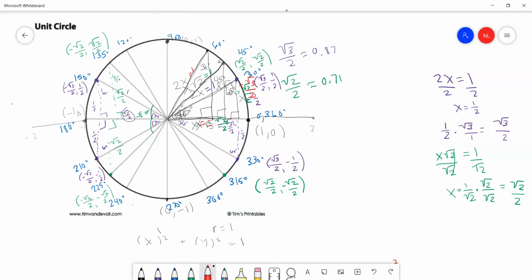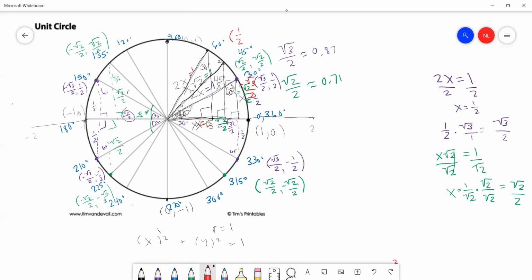So I still have that 30, 60, 90 triangle, but now my coordinates are just flipped, because now my short side is going to be the x value and my long side is going to be the y value. So how far did I go over with my short side? The x value is going to be 1/2. Makes sense because this is 1/2, about 0.5. We said this is about 0.7. This is about 0.87, and here's 1. So that makes sense going that way.